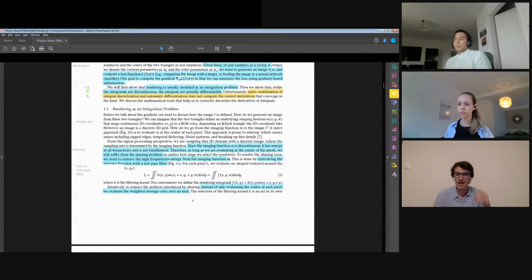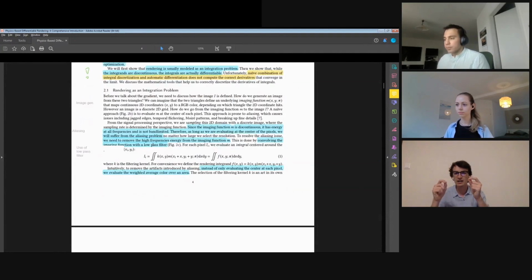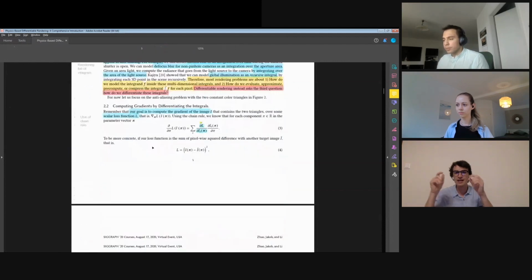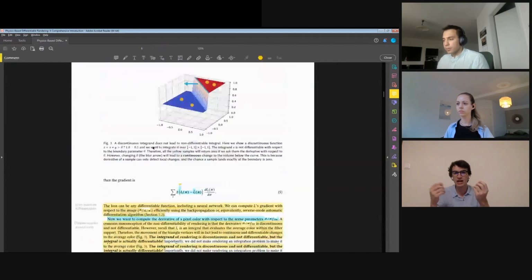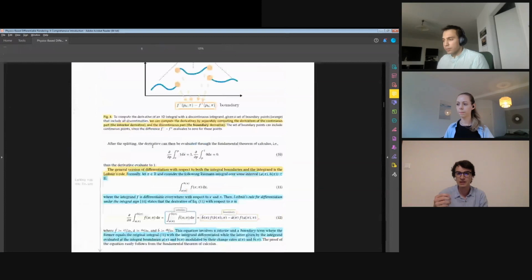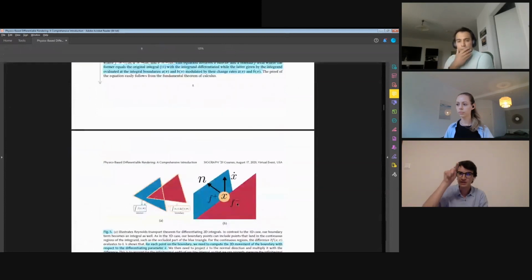The example that they have is that you have the three corners of a triangle. And if you move those points, then naturally the image will change. But at the same time, the points where the actual changes happen, the sides of the triangle, are infinitesimally small. So exactly, the derivative will be zero.